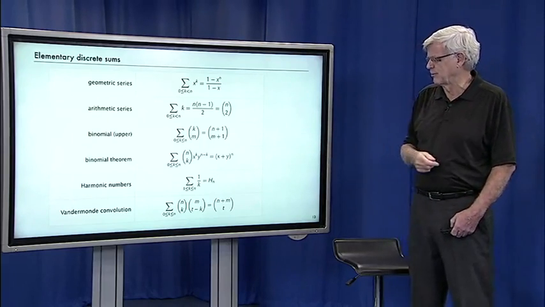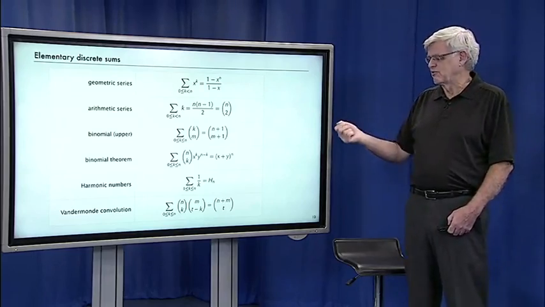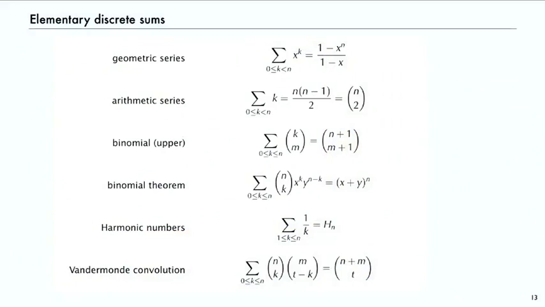This one's called the Vandermonde convolution. When you have two binomial coefficients, n choose k and m choose t minus k, summed on the lower index, you just add across and get n plus m choose t. So those are examples of elementary discrete sums.